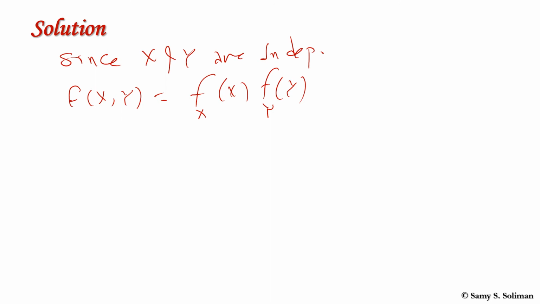So the question here is, can we find the marginal distribution of x and the marginal distribution of y or not, in order to find the product of this distribution and eventually we get the joint distribution.